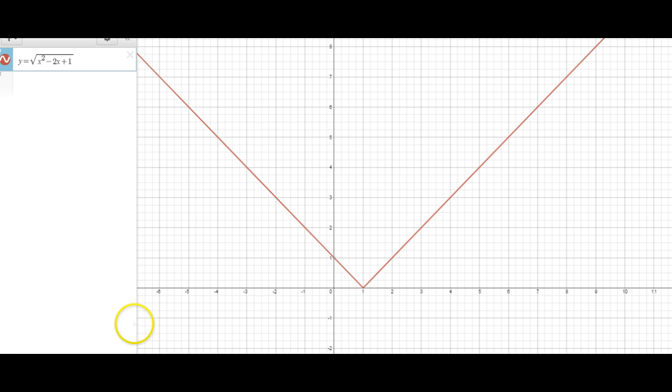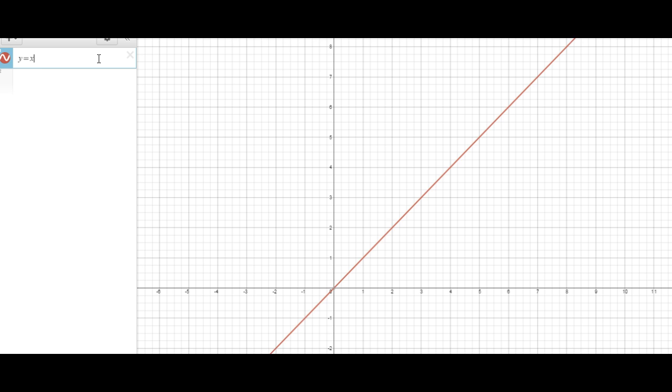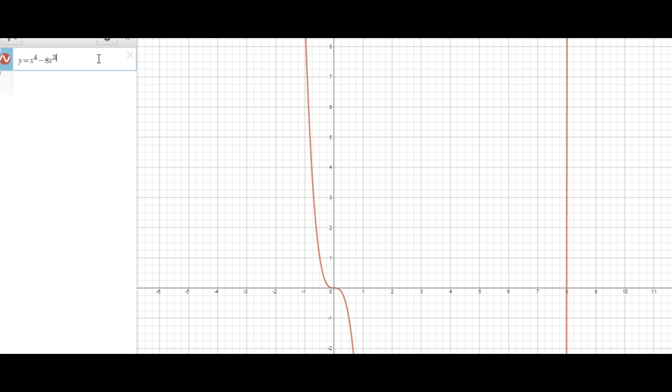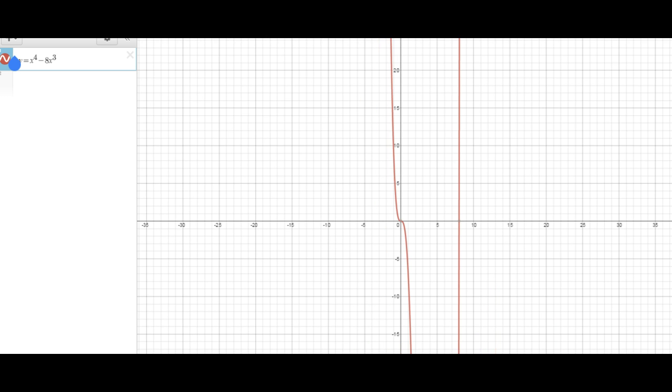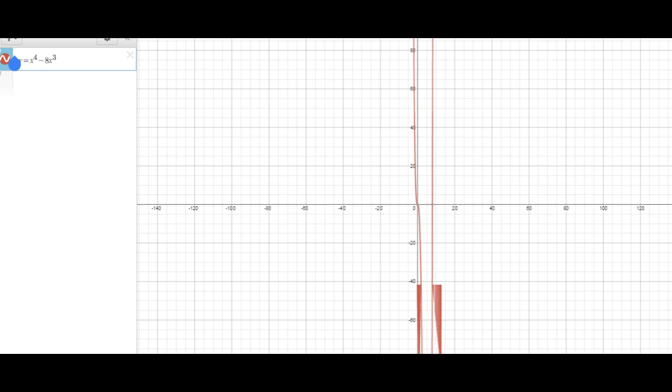What was it? x to the 4th minus 8x cubed. Okay, and then we expect a minimum, right? Should I zoom out? It's at negative 432, right?